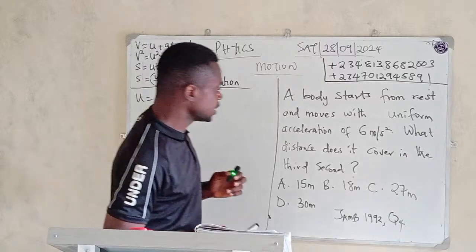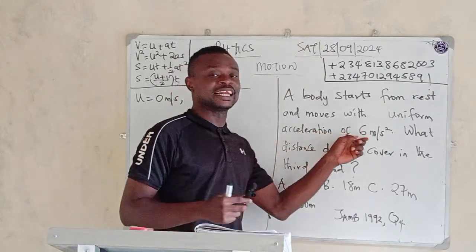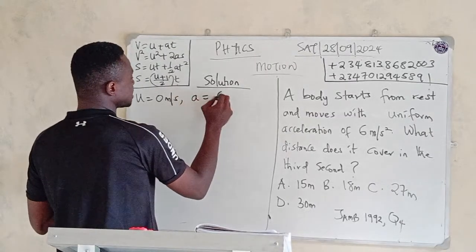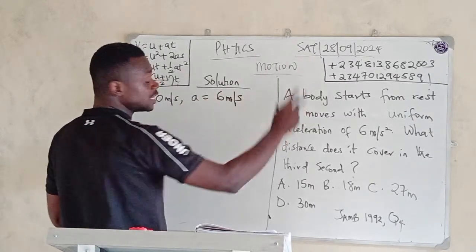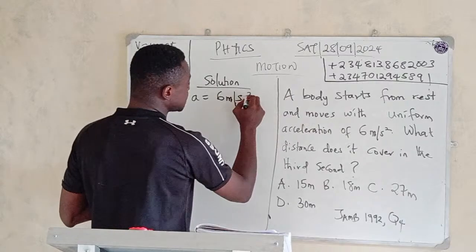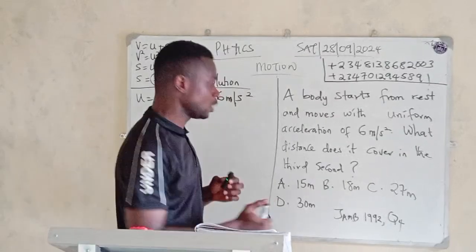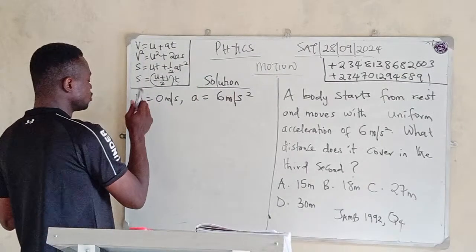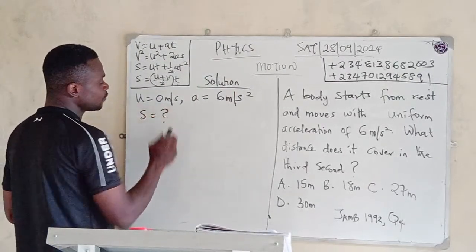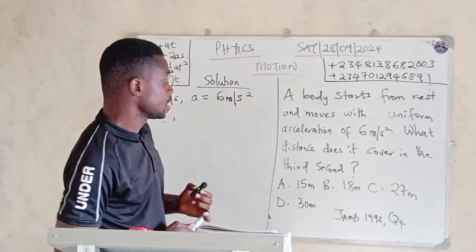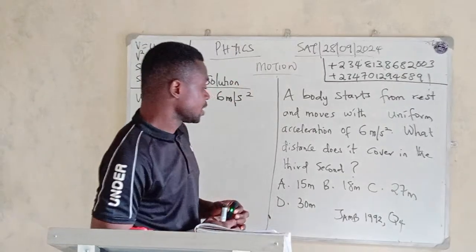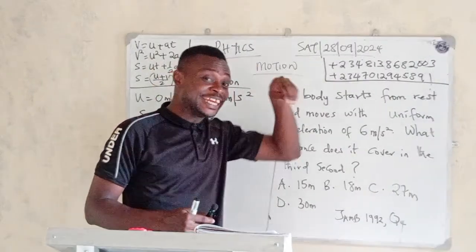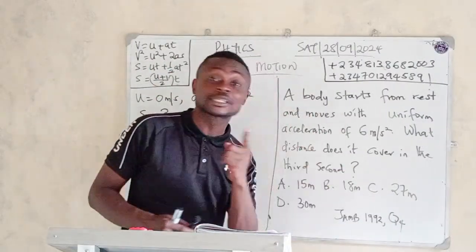Another parameter is we are given acceleration to be 6 meters per second squared. So A is 6 meters per second squared. Then we have distance here. That's what we are looking for. S, we don't know. We are looking for it. Then time, as I said before, in the third second is not in 3 seconds.